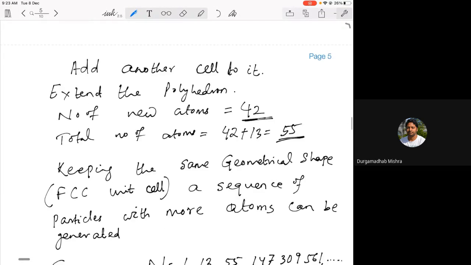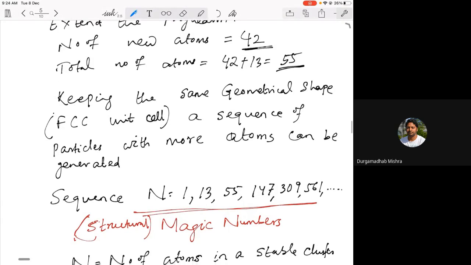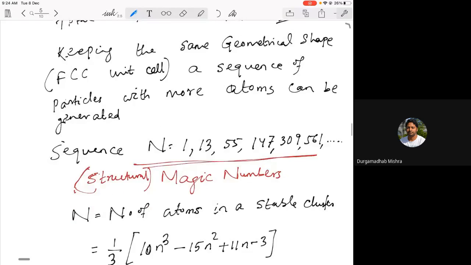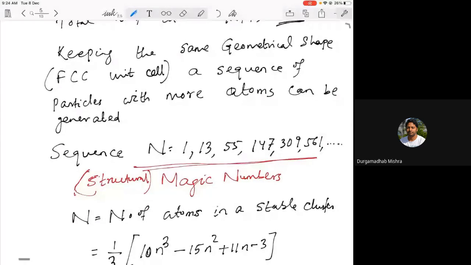So you keep the same geometrical shape, the same FCC unit cell, and you keep adding more and more, creating bigger clusters. And the sequence is here: n equal to 1 gives 13, then 55, and if you go on like that, you get 147, 309, 561, and so on.